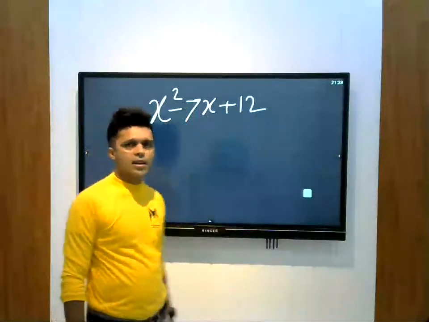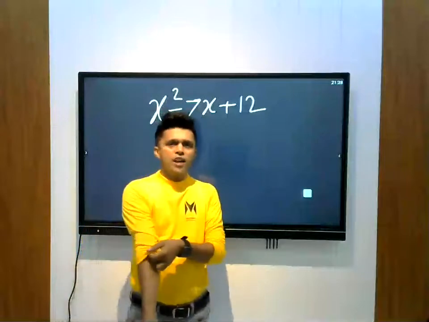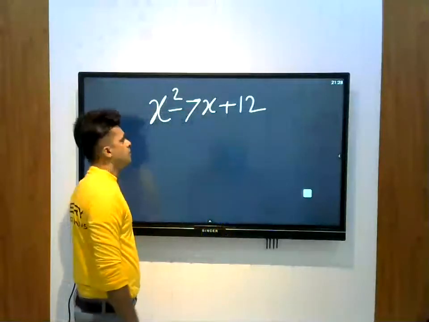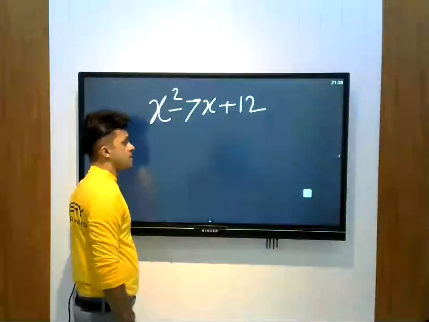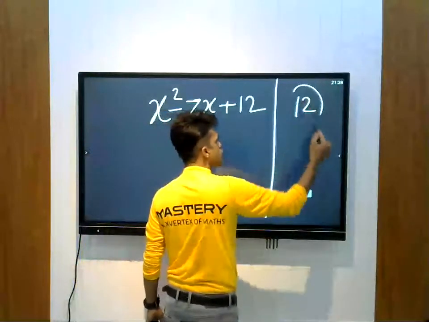X squared minus 7x plus 12. How can you factorize this type of quadratic expression? You have to get the factors of 12.